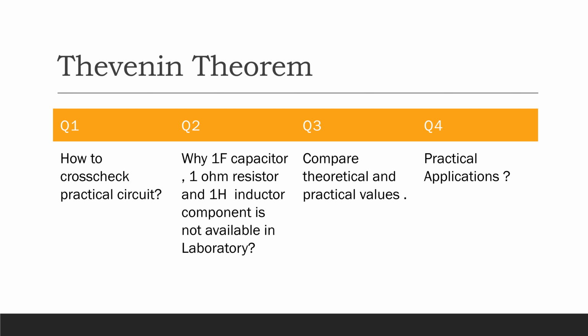Second, why are 1 farad capacitor, 1 ohm resistor, 1 Henry inductor components not available in the laboratory? Third question, how to compare theoretical and practical values? And last but very important question, where in the real world is this theorem applicable?